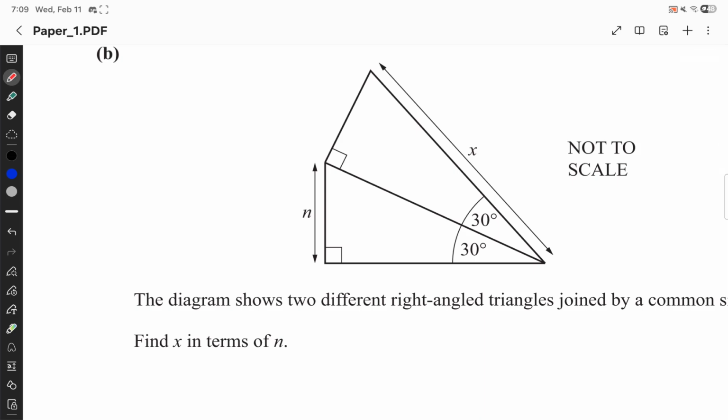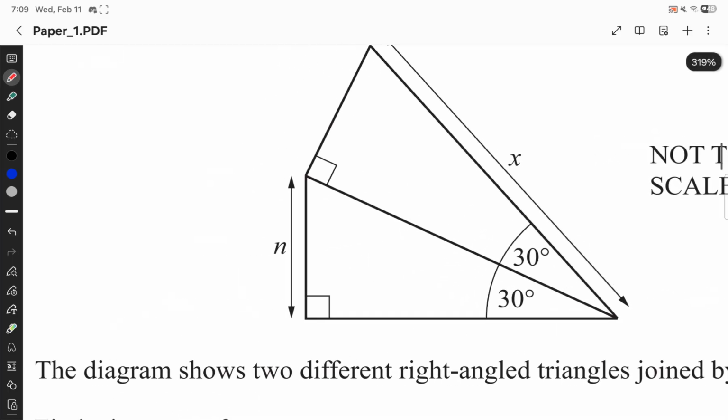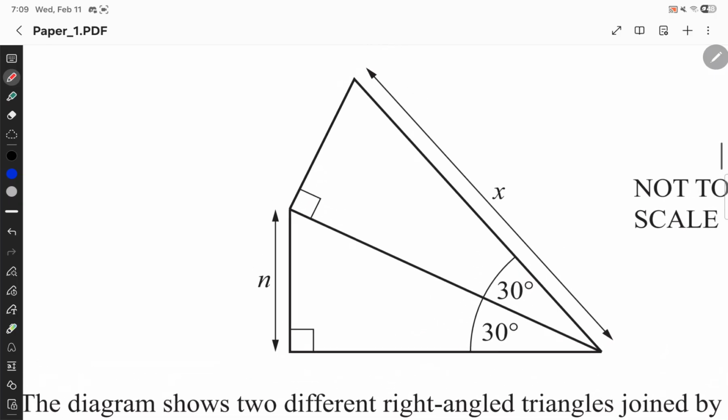Now we need to use ratios. So how do you do this? Well, if we see x, we cannot find it using this. This is not n because of some technicality.